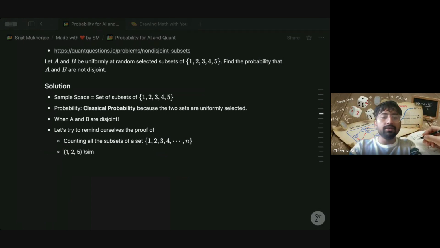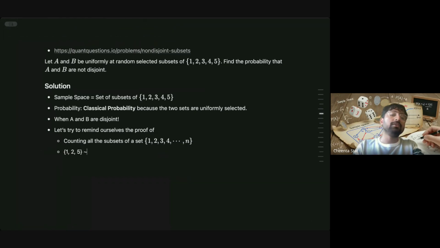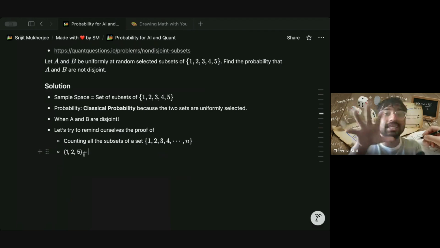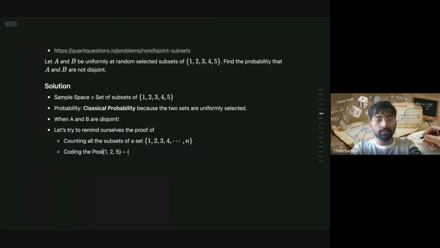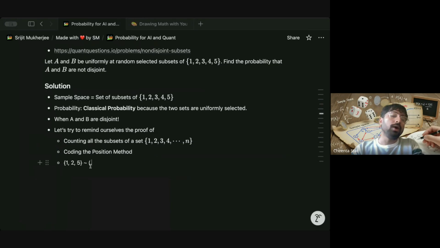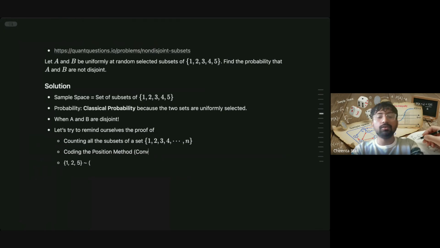saying that this set, 1, 2, 3, 5, let me write it here, it's better. Essentially what we're doing is converting a set into an ordered sequence by something called the coding the position method. We convert subsets into an ordered set of presence and absence.